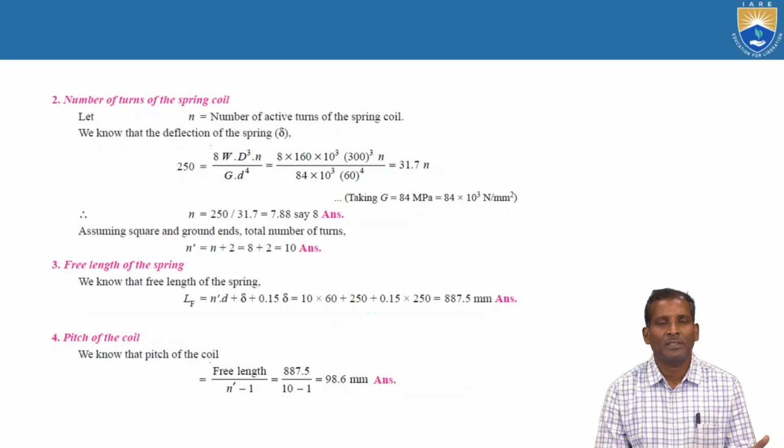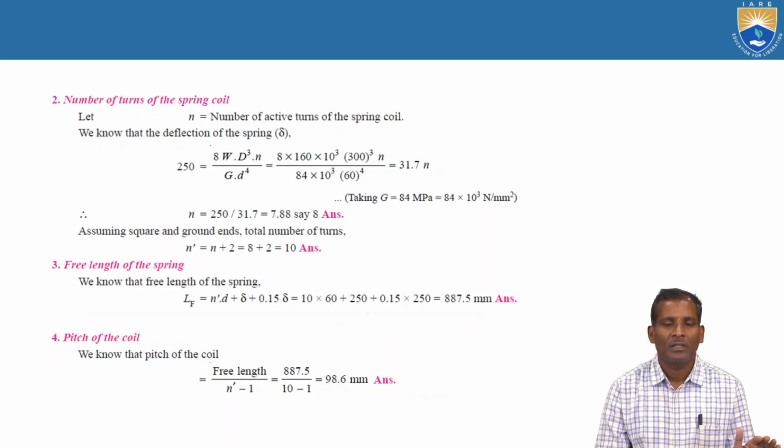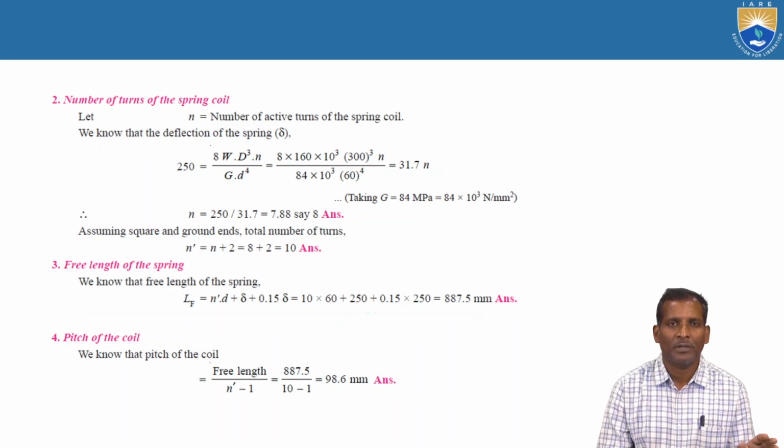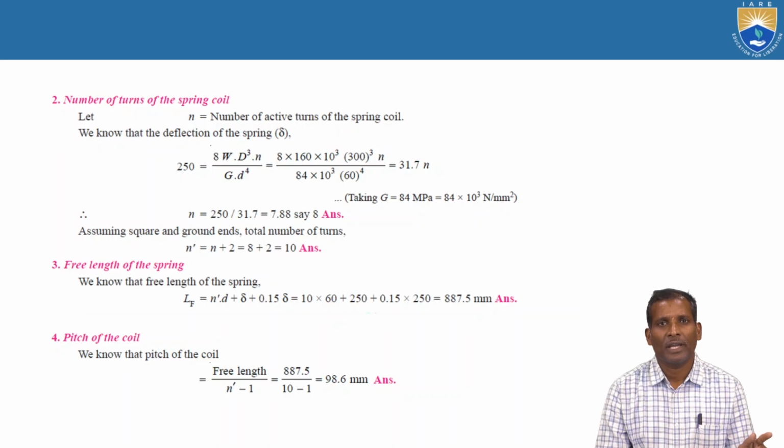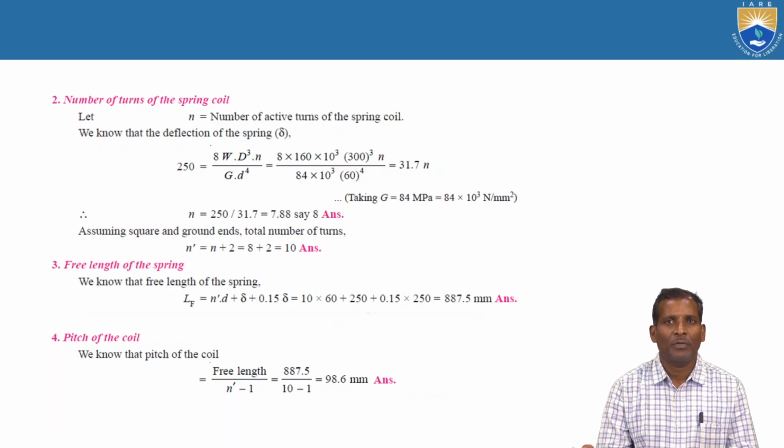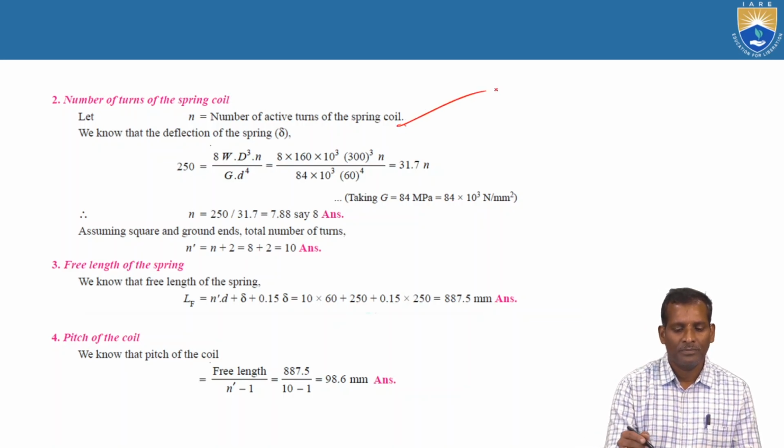So the number of turns of the spring. In these turns, some turns are active, and the remaining turns are inactive. So we need to calculate both, the total number of turns. The total number of turns depends upon the end conditions of the spring. So let's take n as the number of active turns of the spring coil.